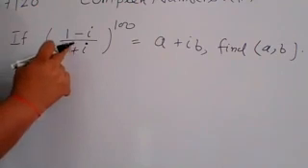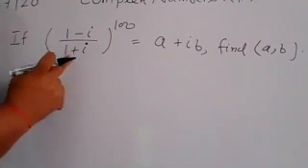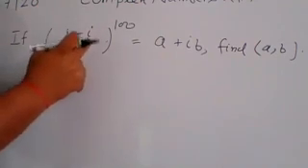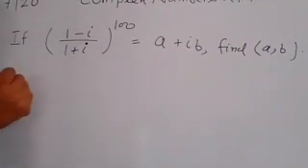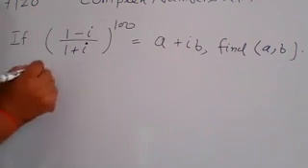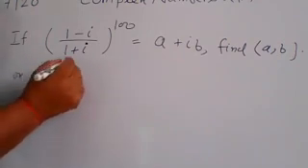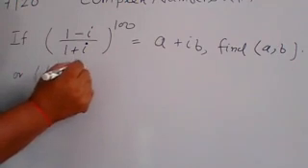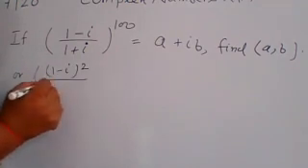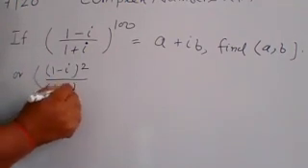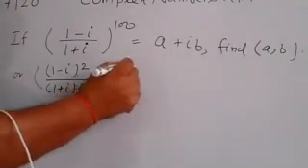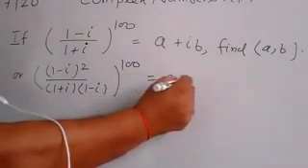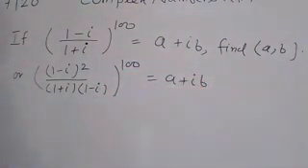First of all, take the conjugate of the denominator, means multiply numerator and denominator by the conjugate of the denominator. So you write (1 minus i) upon (1 plus i), into (1 minus i) upon (1 minus i), whole power 100, is equal to a plus ib.